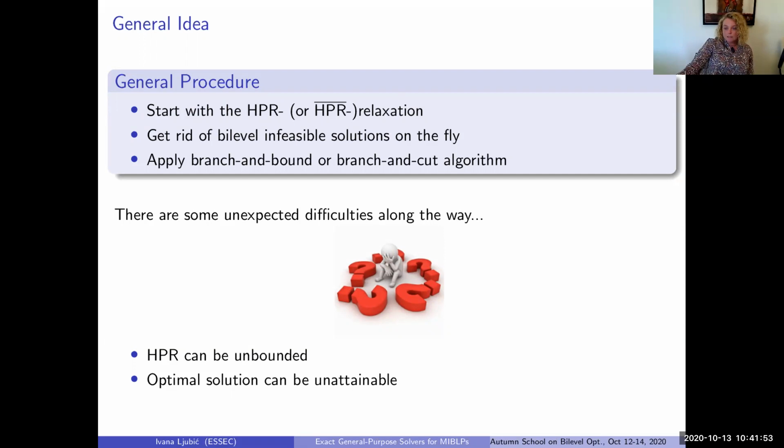But before that, I want to also show you a few more counterintuitive examples, which are very peculiar and specific for the bilevel MILPs. So first of them is that, as I mentioned earlier, HPR can be unbounded. And the second one is that the optimal solution can be unattainable.